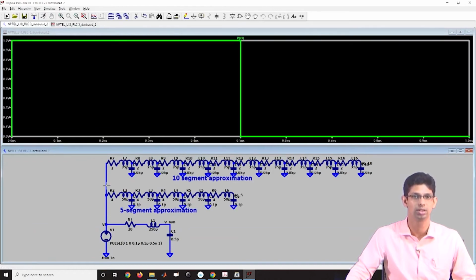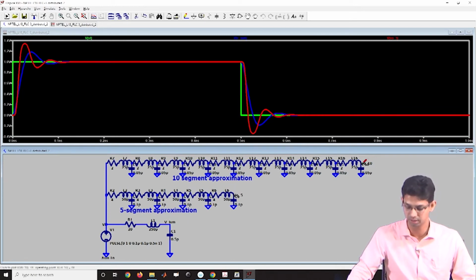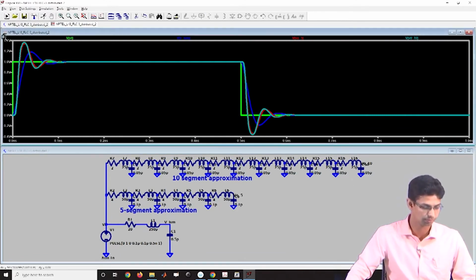Here this is my input, this is my lumped output, this is my output with 5 segments, and this is my output with 10 segments. So, I can see here that with 5 segments and 10 segments my results are more or less converged.